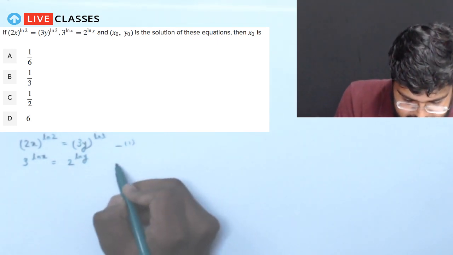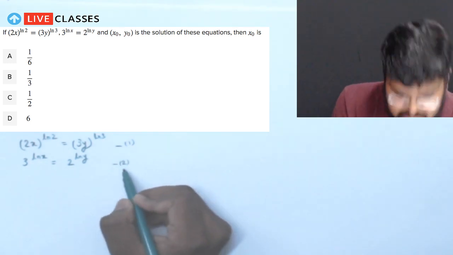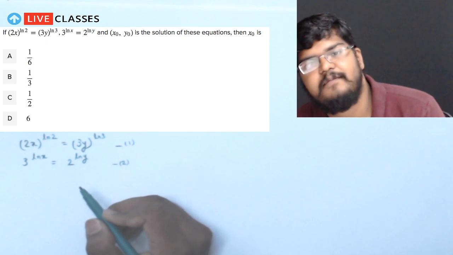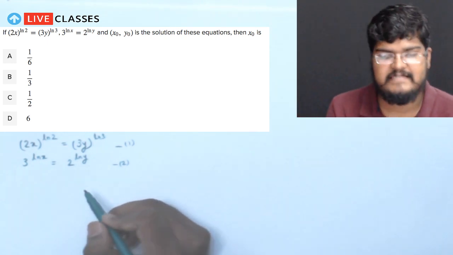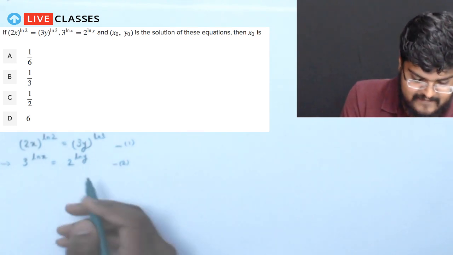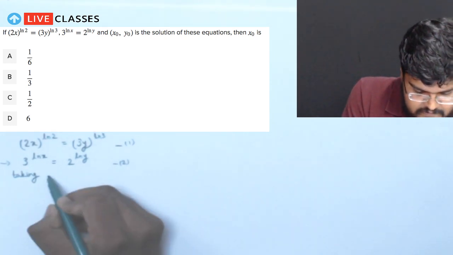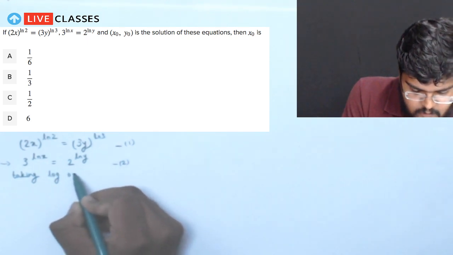Now guys, if you remember, ln is nothing but log with its natural base, which is e. So this is actually log of x to the base e, or log of y to the base e. Now what we'll do, we'll start with this equation 2 first, and we'll start by taking log on both sides.